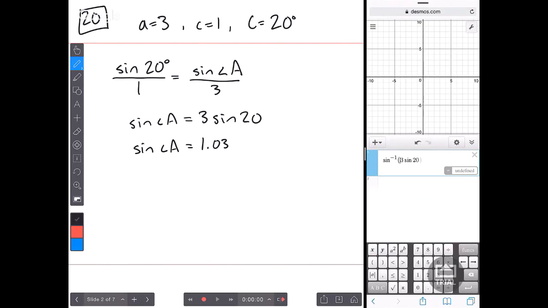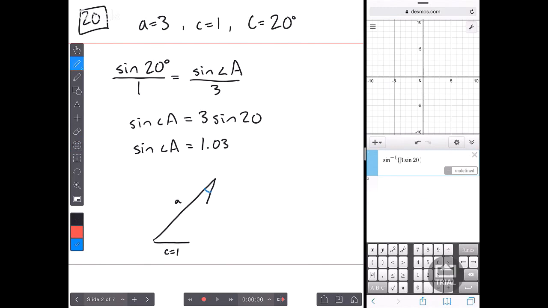No triangle. If I wanted, though, to think about what does this look like, I think it's worth doing. If I have C equals 1 down here, and I have A equals 3 somewhere, and then I have this angle of 20 degrees. There's my side, and there's my side, and there's my angle.